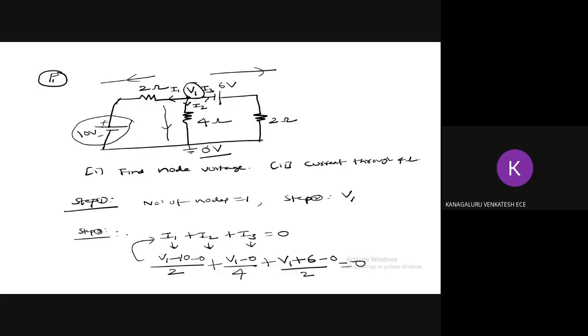So you can assume all the currents are leaving, or you can assume all the currents are entering. Don't assume one current leaving and one current entering. Either assume all leaving or all entering. Anything is fine, so finally your answer is not going to be affected. Understood? We are assuming that all currents are leaving. Good question. Any other questions?